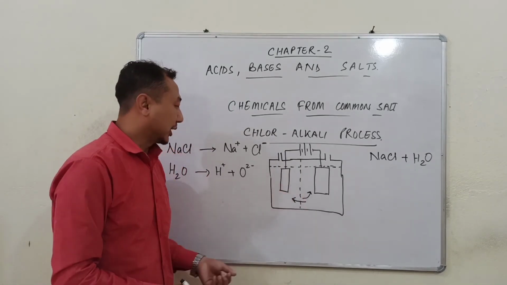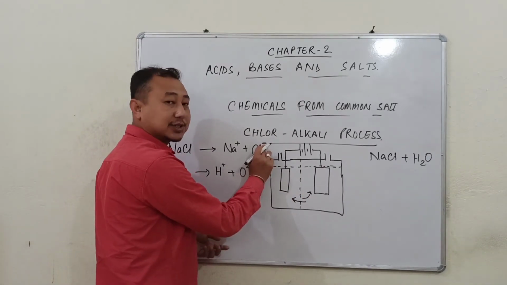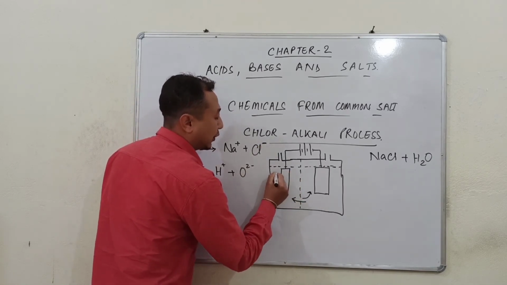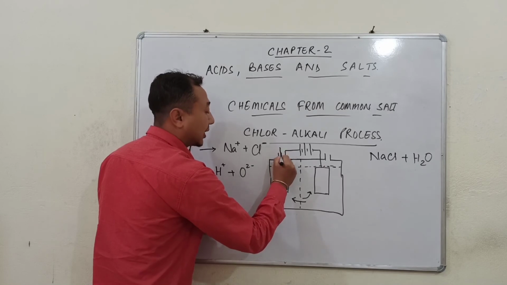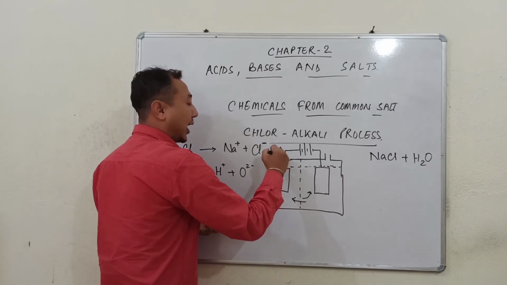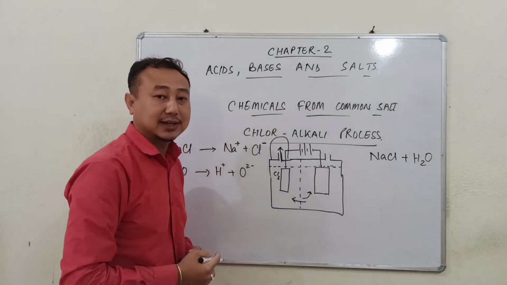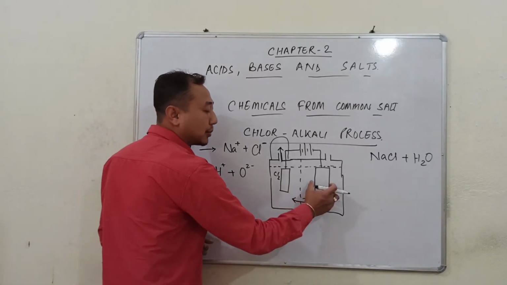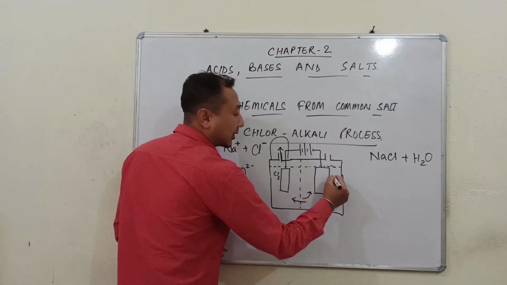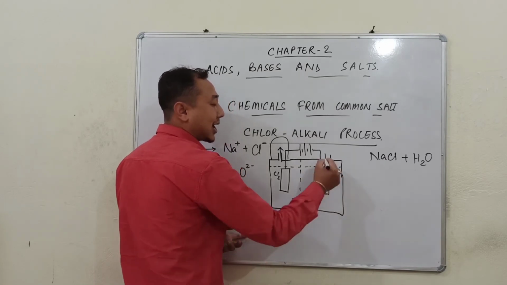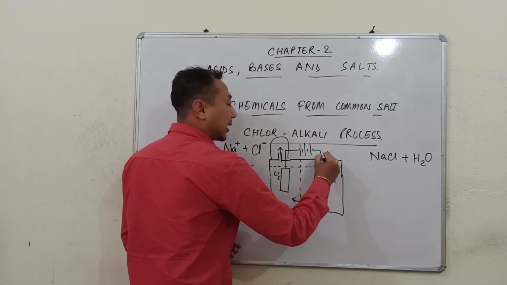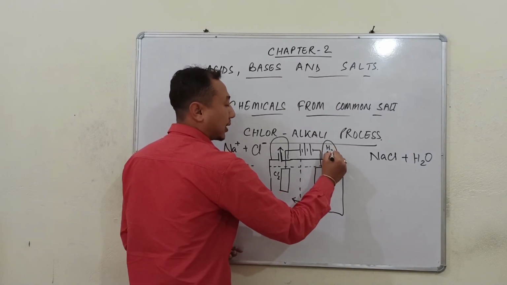During this process, the chloride ion, when it comes near to the anode, will get converted into chlorine gas and escape out through this opening where the chlorine gas can be collected. The hydrogen ion, when it comes near to the cathode, will get converted into hydrogen gas and get removed through this outlet and collected separately.